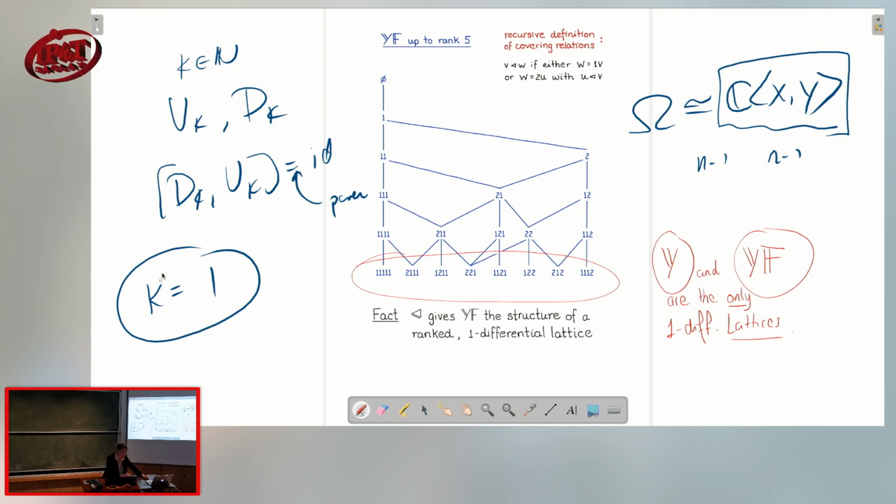So U_2 and D_2 would correspond to going up 2 steps and down 2 steps. For the Young lattice that exists, and that's integral in this boson-fermion correspondence, at least the combinatorial manifestation of it.